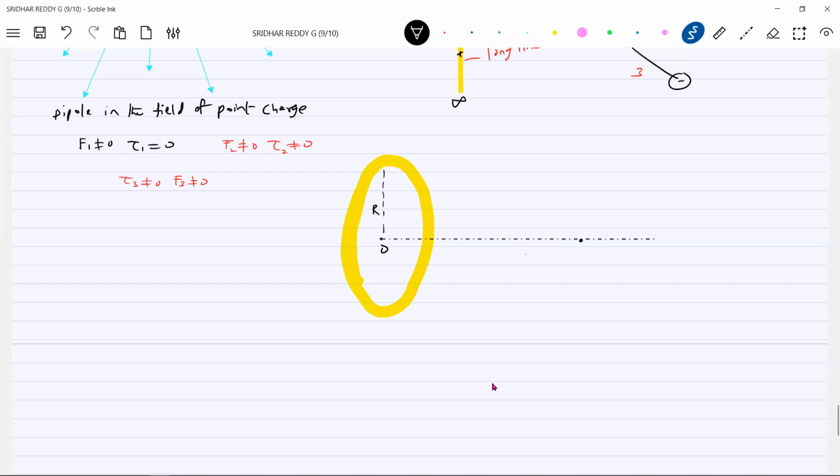So I'll keep one dipole here. There's dipole 1. Then another dipole exactly at the point where the field will be maximum. This is a point R by root 2. Check it now. So there's dipole 2, there's dipole 1.